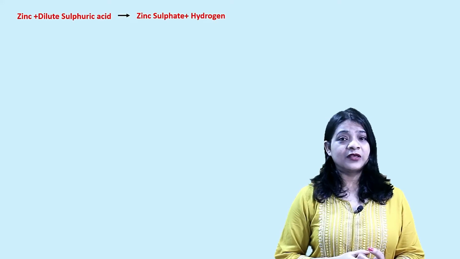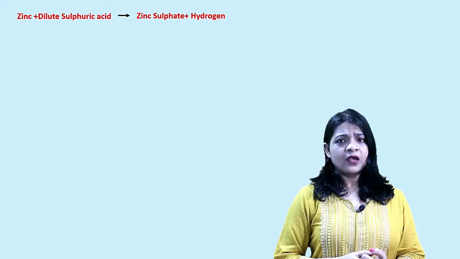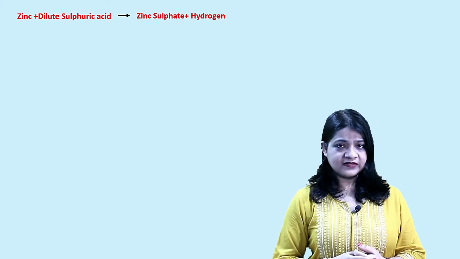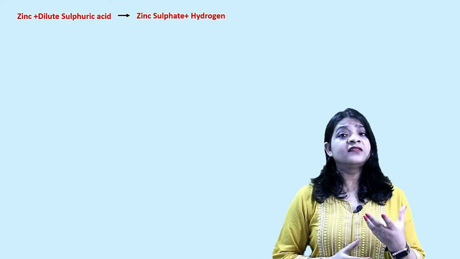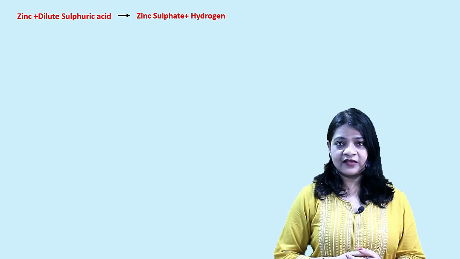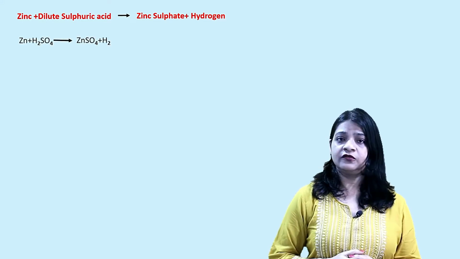Now another way of writing a chemical reaction is by writing it in the form of symbols or chemical formula. That is, instead of writing the whole name of the chemical reactants like zinc sulfate or magnesium oxide or dilute sulfuric acid, if we represent it in the form of symbol or chemical formula, then the process becomes much easier. So let's take the first example, that is when zinc reacts with dilute sulfuric acid it gives zinc sulfate and hydrogen gas.